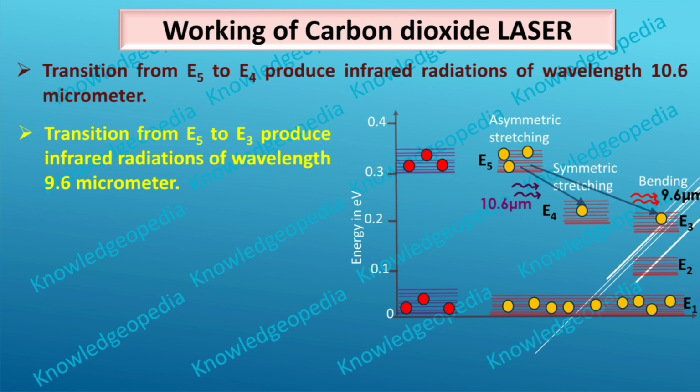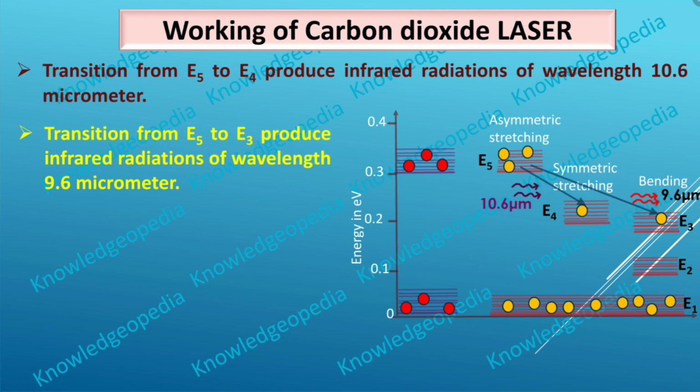Now let us understand how the population inversion is maintained in the carbon dioxide laser, because I have already told you that this is a laser where we are getting a continuous output. Continuous output means there is no break in population inversion; it is maintained throughout the operation.